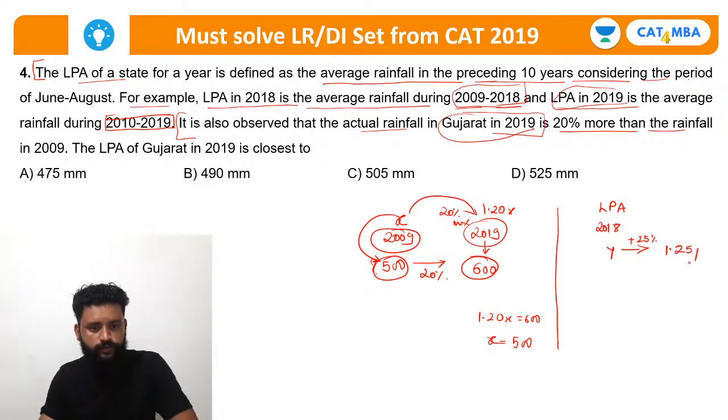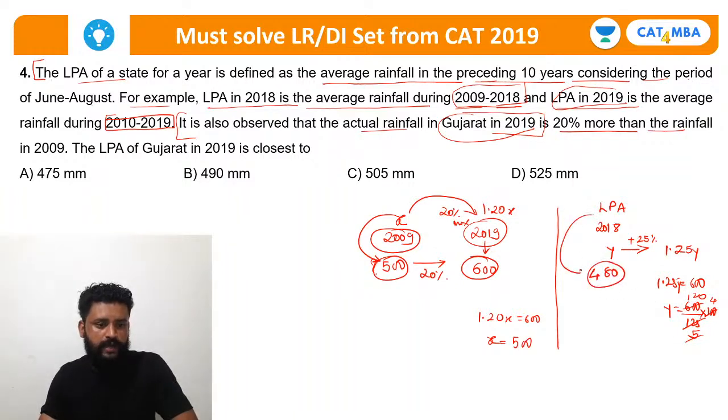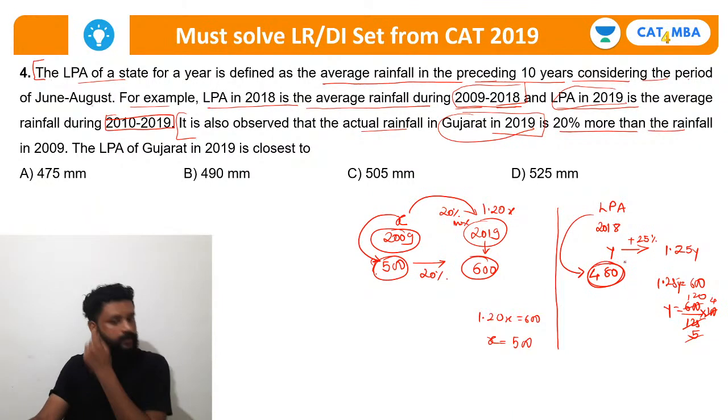We are given 1.25y as 600, so y must be equal to 600 upon 125 into 100. If you solve this way, 4 by 5, 12, 120 into 4, this must be 480. So LPA 2018 is 480, right?